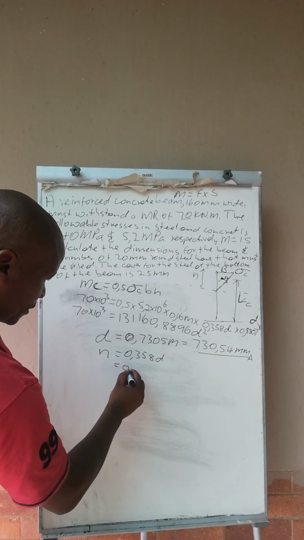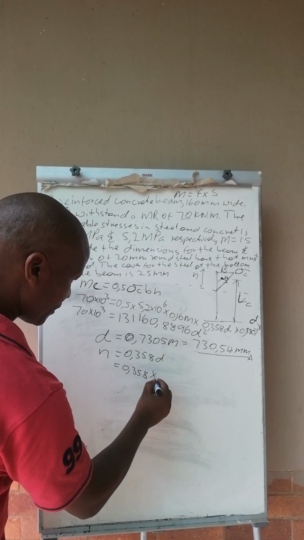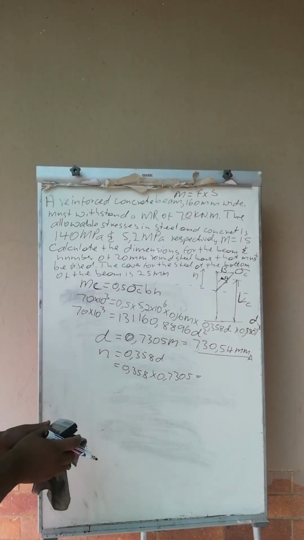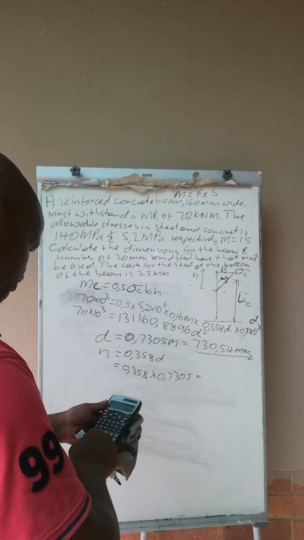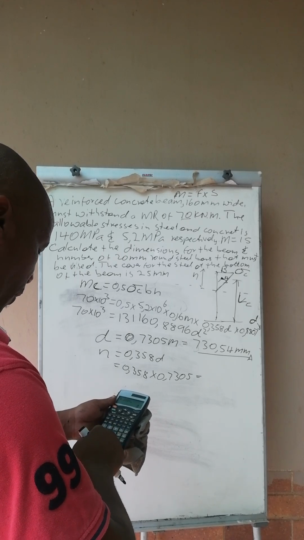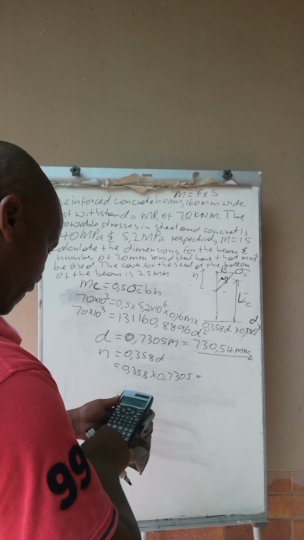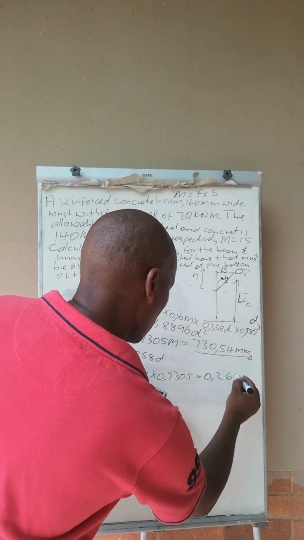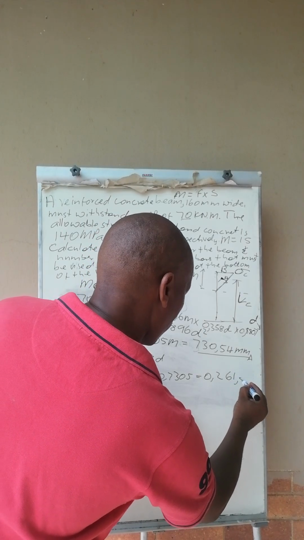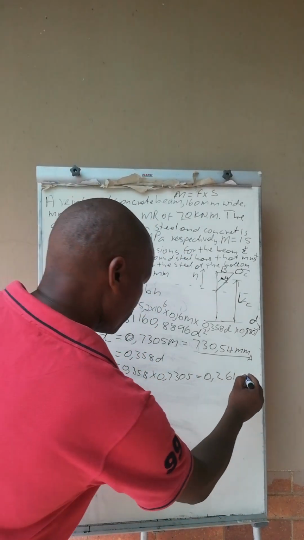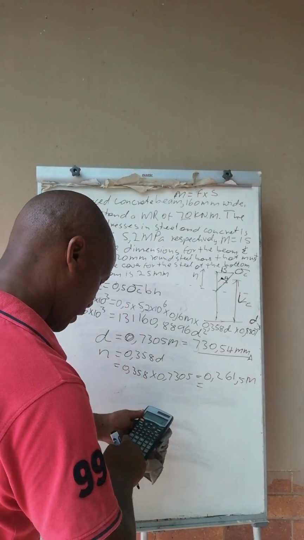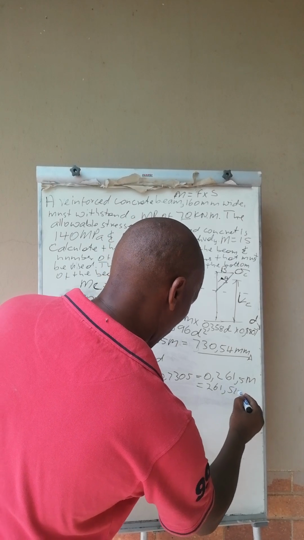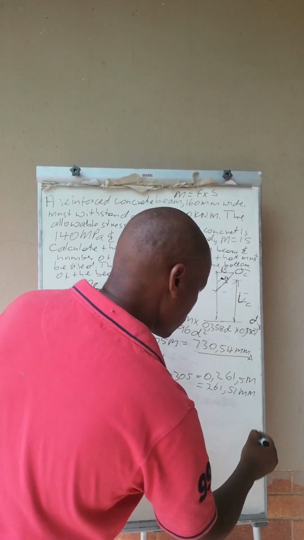What is d? 0.358 multiplied by 0.7305 is equal to 0.2615 meters, which is the same as, if you multiply by 1,000, 261.5 millimeters.